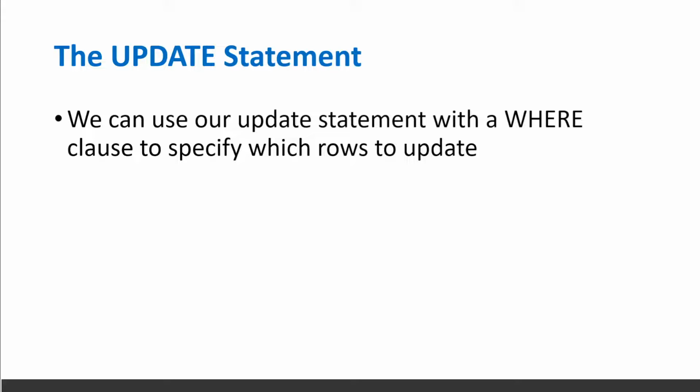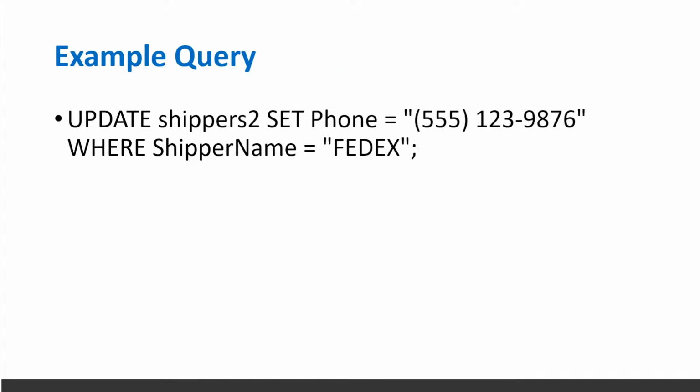So if we look at some example here, just some random example, this is a shippers table here for shipping. Again, like we've been looking at this throughout the semester. So we're going to say update shippers 2. We're taking our shippers 2 table and updating it, and we're setting the phone number column. We're changing the value that is in the phone number column for where the shipper name is FedEx.